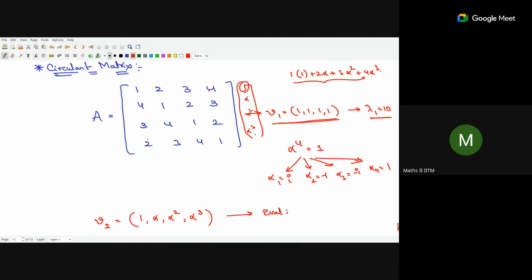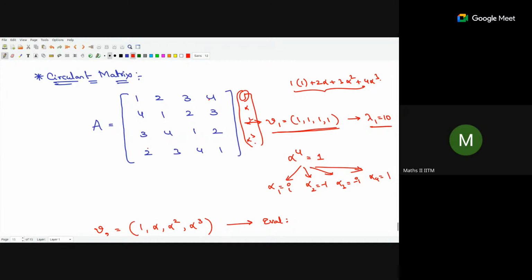What I'm saying is, if you multiply this eigenvector to this matrix, I should get some lambda 2 times the same 1, alpha, alpha square, alpha cube.